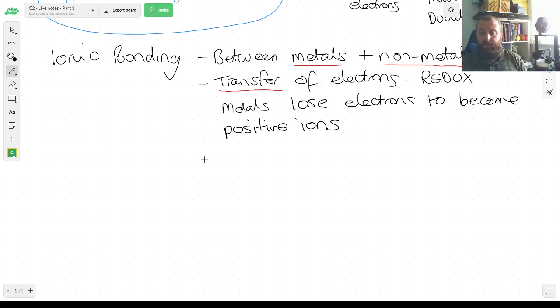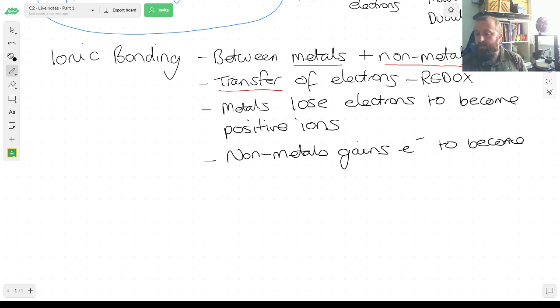Likewise, non-metals gain electrons to become negative ions. I won't always write the full words out. I'll often do shorthand, but that symbol there, those of you that have had me before will realise that is shorthand for negative.